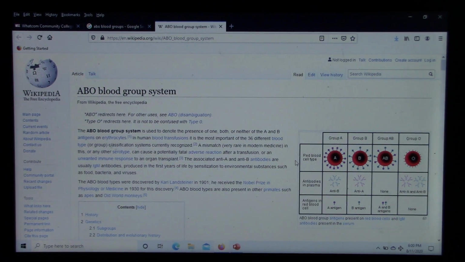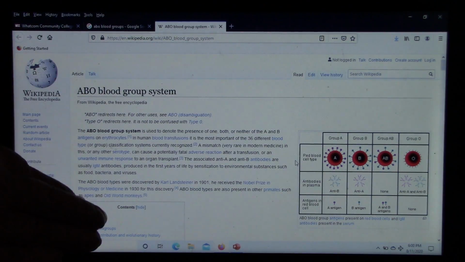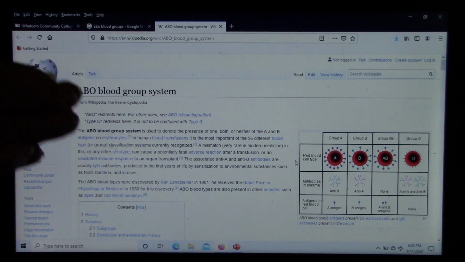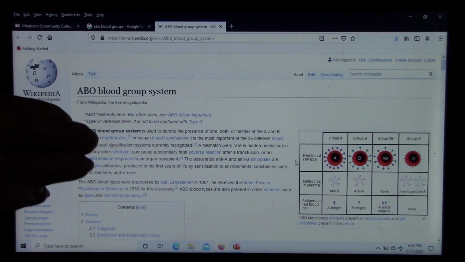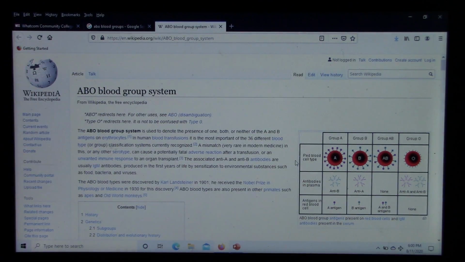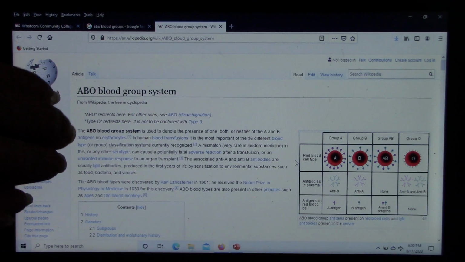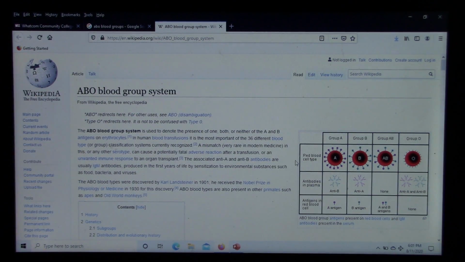This fetus has D antigens. As long as that fetus's blood doesn't get into the mom's blood, there's no problem. She's not going to make any anti-D. She's not born making anti-D. So, no problem.